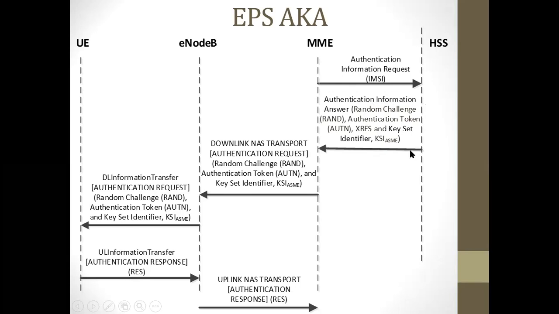The same value the HSS generated is called XRES. The UE generates RES and sends it to the MME, and the HSS generates XRES and sends it to the MME. If XRES and RES match, then the MME realizes that the UE is a valid user, and nobody is impersonating the actual user.